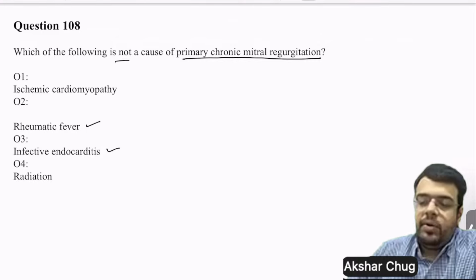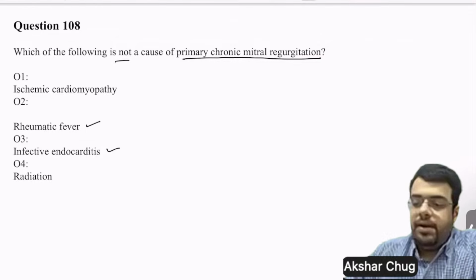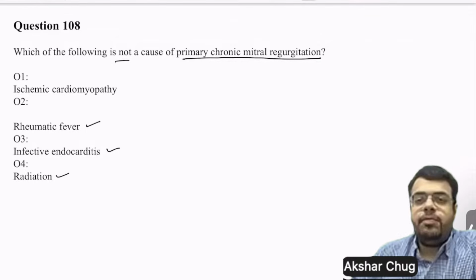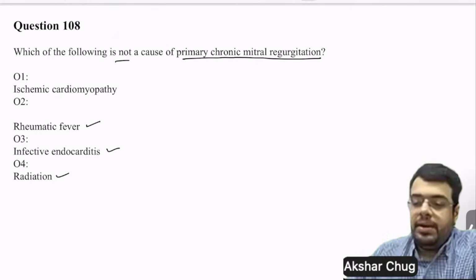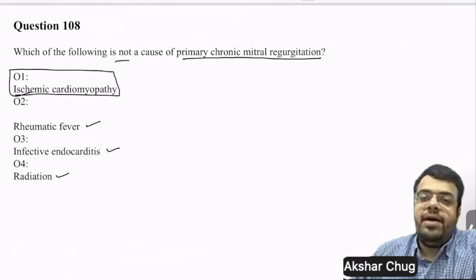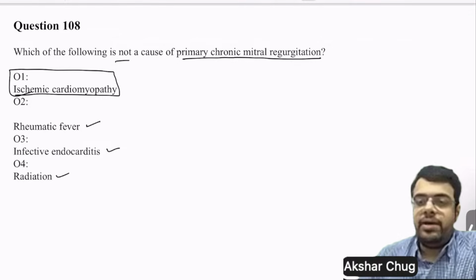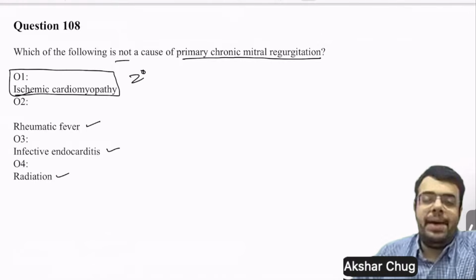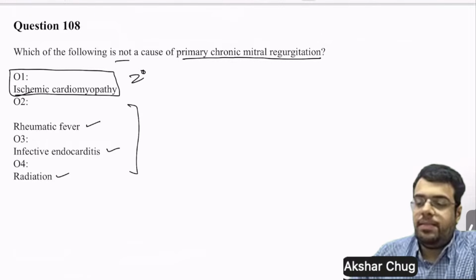Infective endocarditis again affects the mitral valve. And radiation also predisposes to damage to the mitral valve. But in the case of ischemic cardiomyopathy, the problem is not of the mitral valve, but of the papillary muscles and the myocardium. So ischemic cardiomyopathy is a secondary cause of mitral regurgitation, and these others are the primary causes.